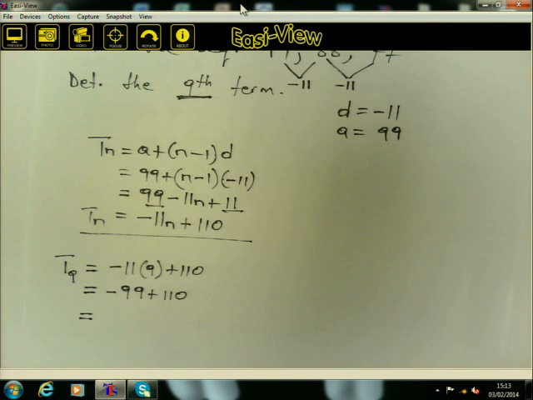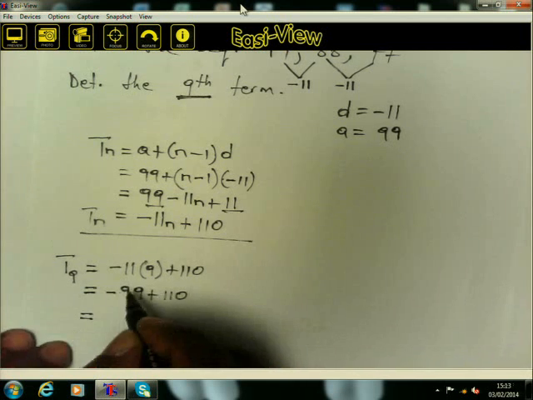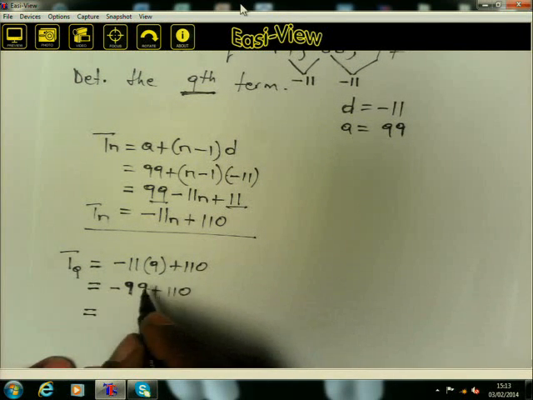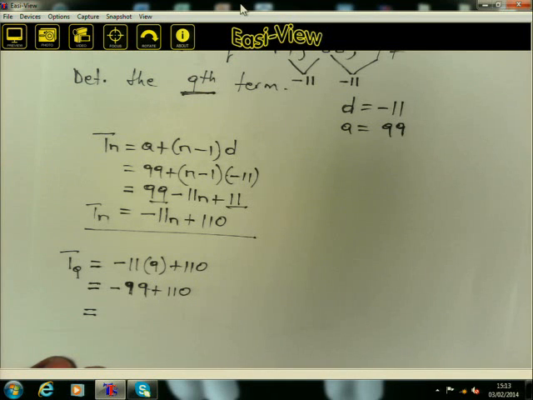Will it be? Right. So you punch that. So it means we are going to have there, what is that? It's 110. You minus 99 to that, because 99 is negative there. What is the answer? You got it quickly there.